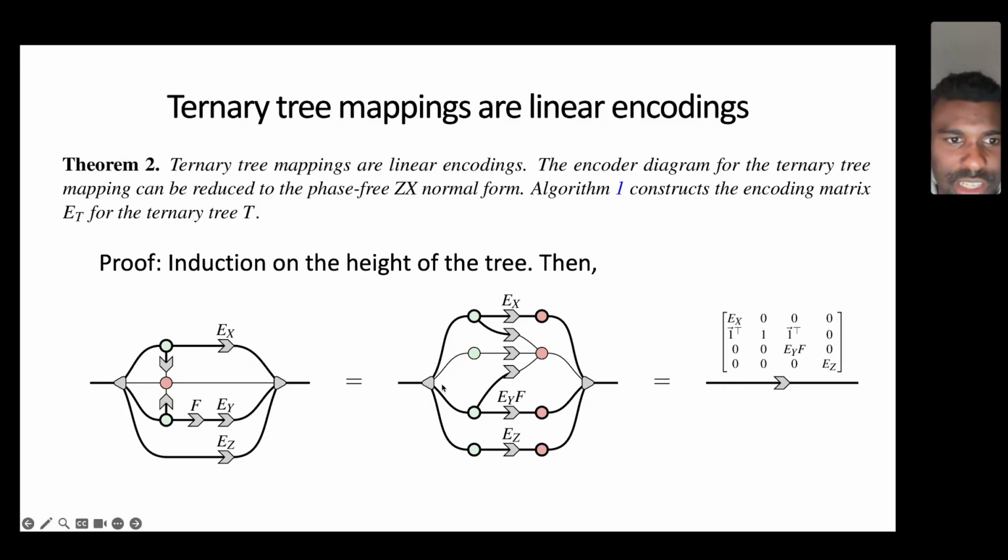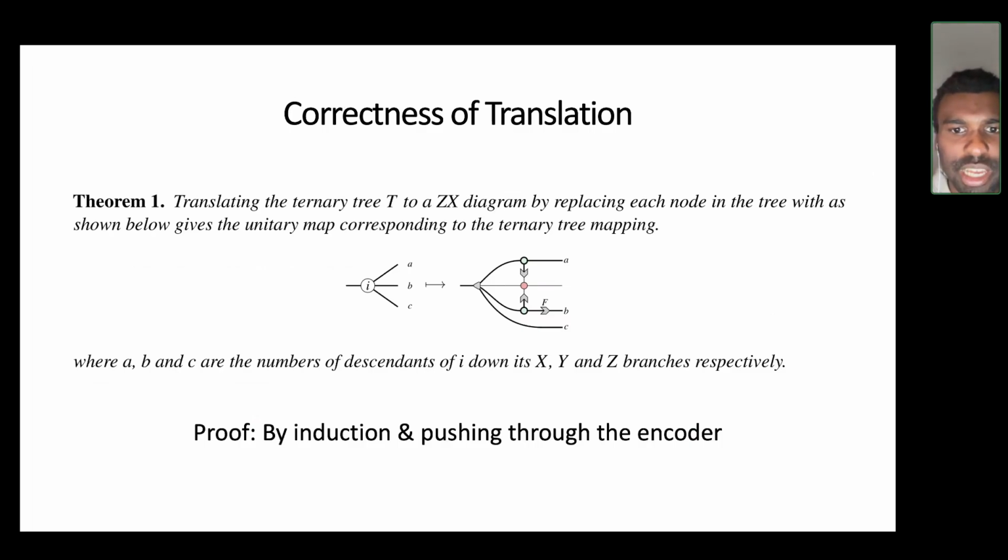Yes, I did. You have an algorithm for going from a ternary tree to a matrix, and it's a recursive algorithm. You go from the top of the tree, you go down one, and then you do the same thing again. I wish I had time to show you a bit about this proof. It's a very nice induction proof.